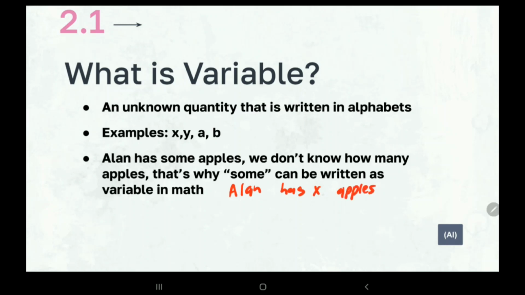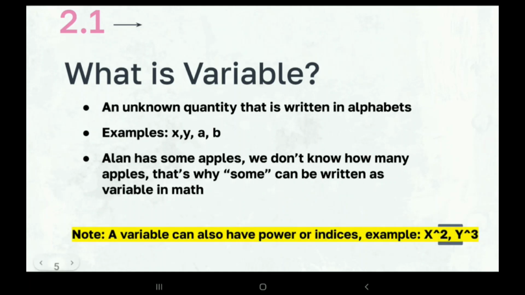So x here can be represented as the quantity that we want, that we don't know. So note, a variable can also have a power or indices. Example, x squared and y cubed.